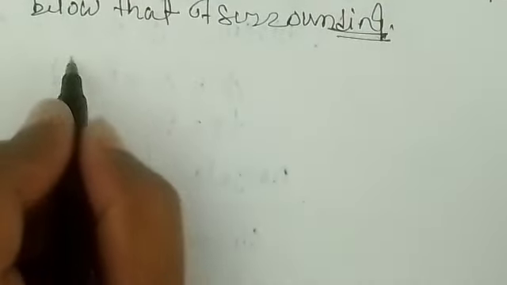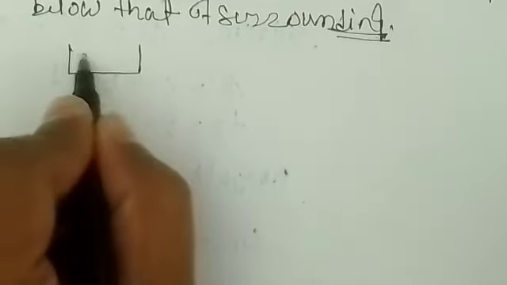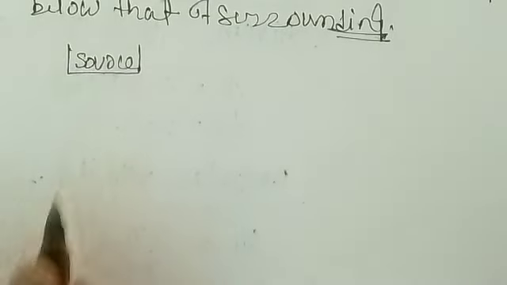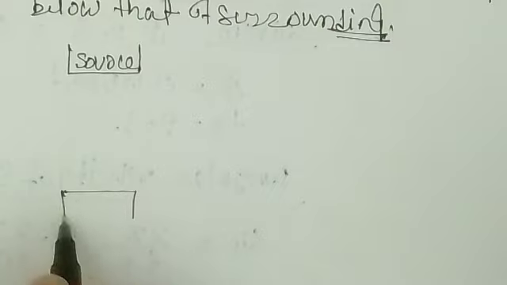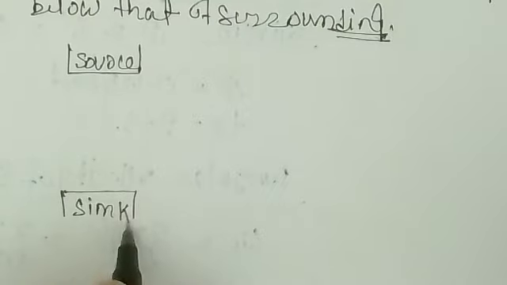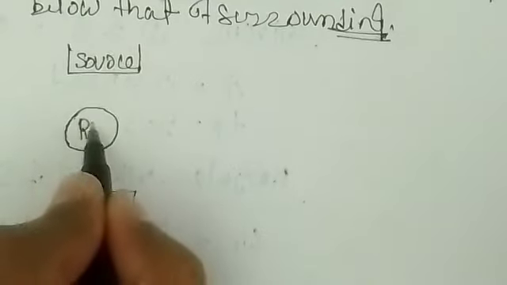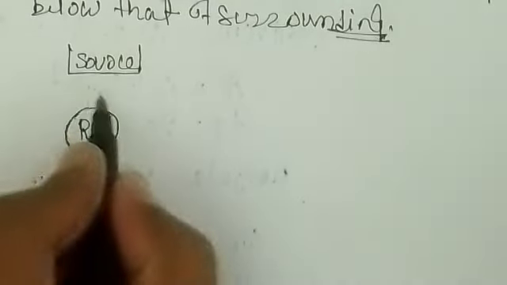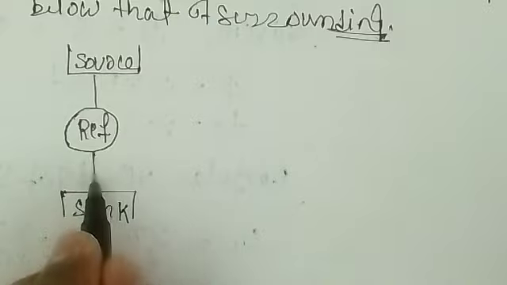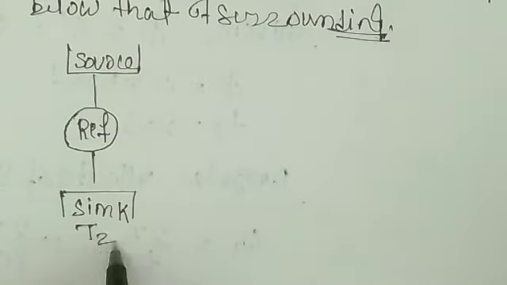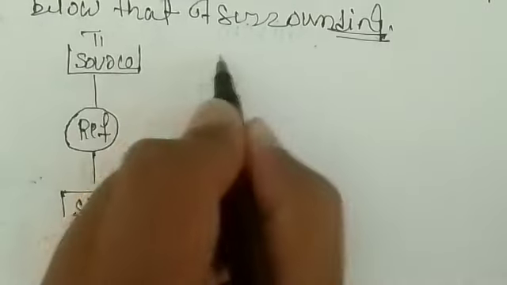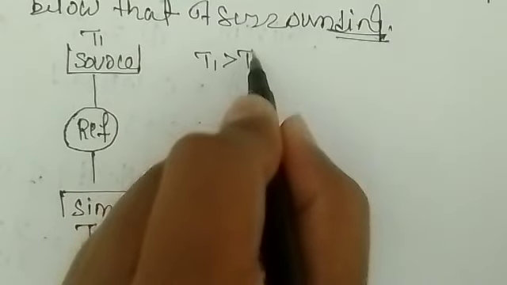So refrigerator means the reverse direction. That means again you have the source and here you have a sink, and here you have a reversible heat engine that we call a refrigerator. The heat is flowing in the reverse direction, from the lower body temperature to the higher body. This is T2 and this is T1, so T1 is greater than T2.